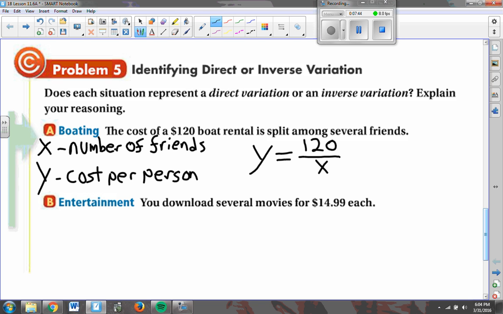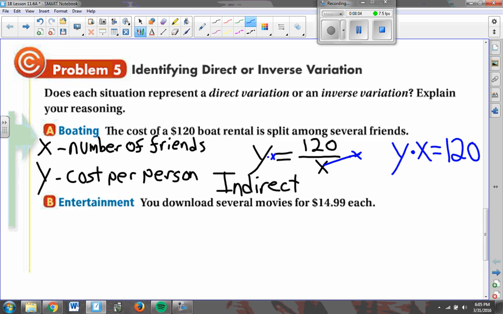This type of equation we should recognize as indirect variation, because if I multiply both sides by x, I get that y times x is equal to 120. The number of friends I bring and the cost for those friends, by multiplying together, had better equal 120, or I'm going to be short some dollars, and I'm going to end up in prison for petty larceny.